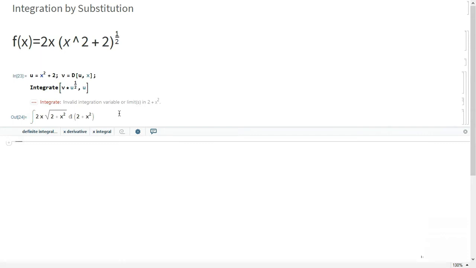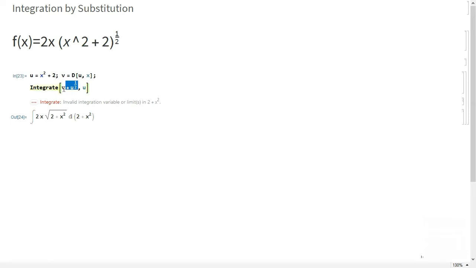So when we type Integrate, Mathematica puts in the stored values from the previous lines, and then tries to evaluate them with respect to u. That means Mathematica wanted to integrate this expression, which comes from the x's, with respect to u. And Mathematica cannot do this, because the variable here is actually not x, rather 2 plus x squared. So that's why Mathematica cannot do it.